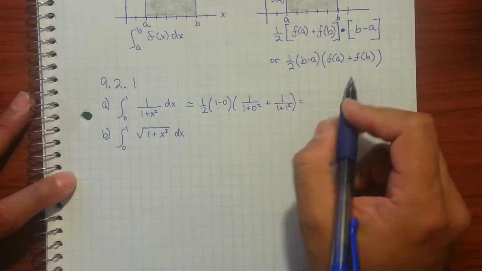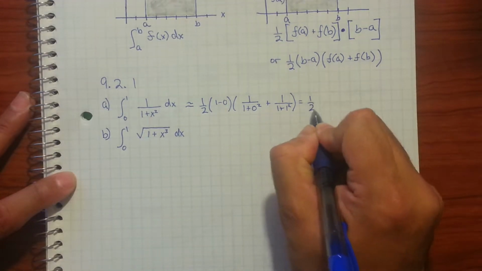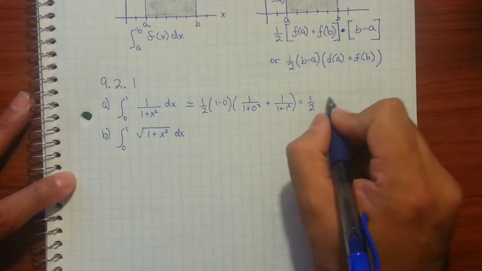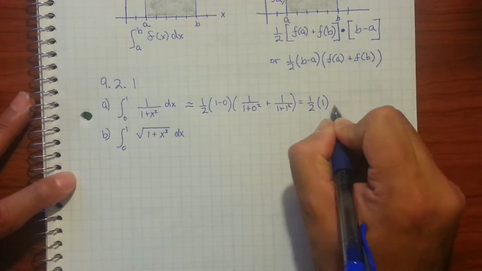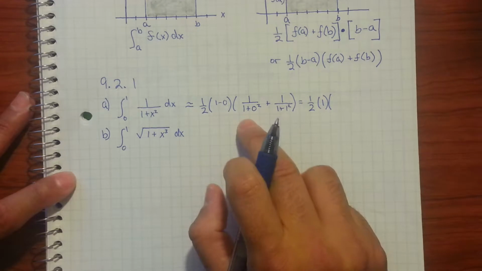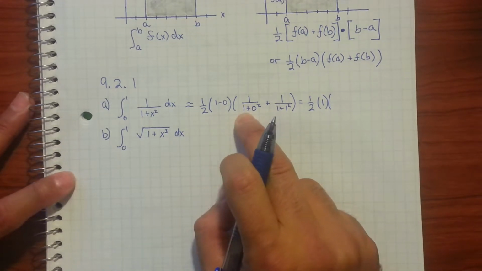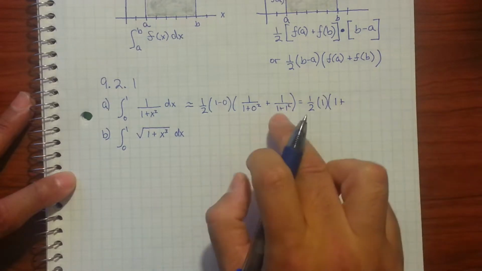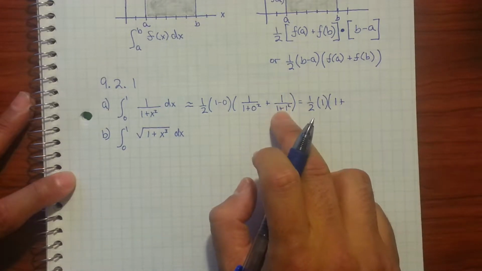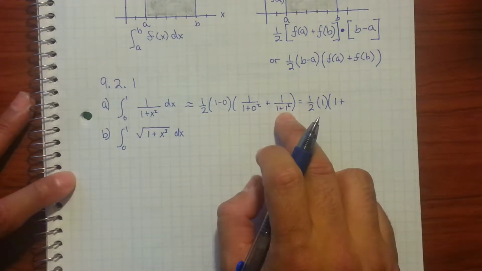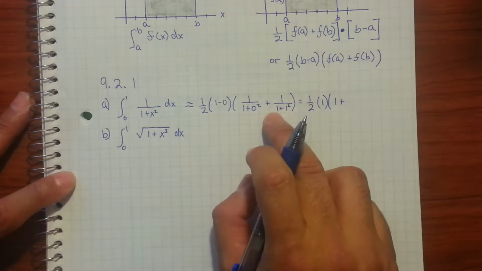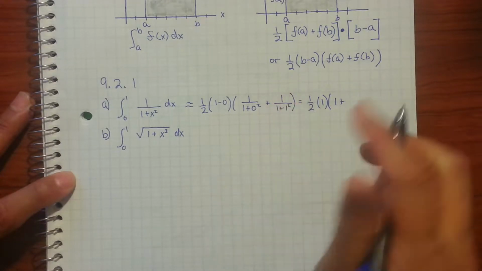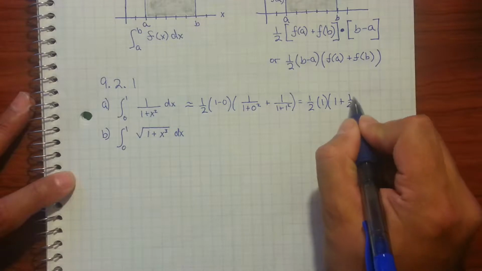If I go ahead and do the math, I get 1/2 times 1 times, right here, 1 over 1, which is 1, plus this right here. 1 squared is 1, plus 1 is 2, so that's 1 over 2.